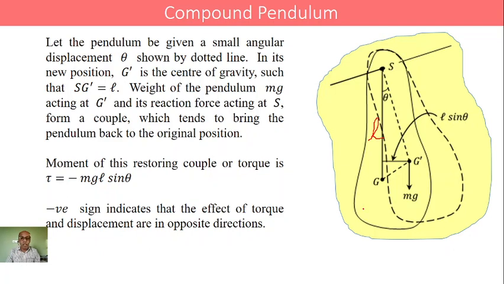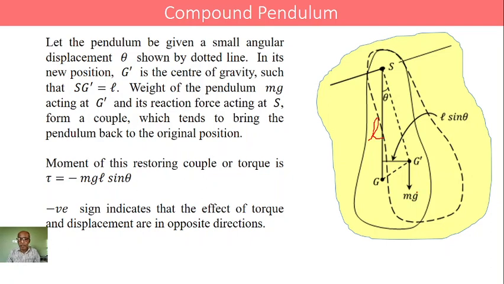If the body begins to oscillate, the continuous line of the irregular body represents the body at rest. The dotted line represents the body in oscillation, its displacement after a certain instant of time.